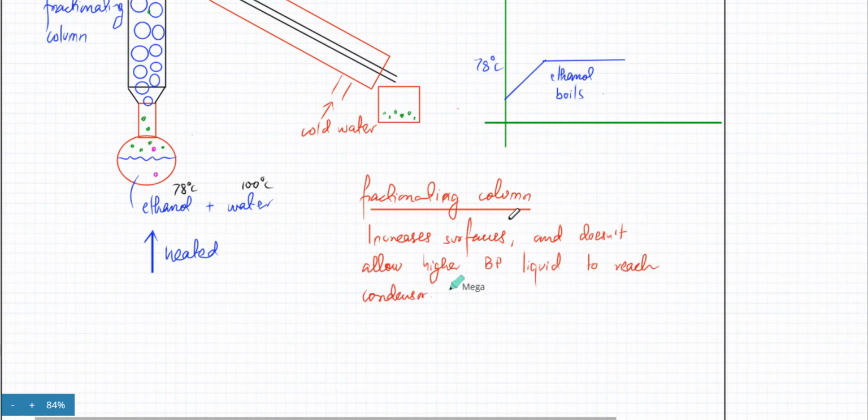This is the purpose of the fractionating column. And why does that happen? Because with a large surface area, the molecules are going to have more collisions.